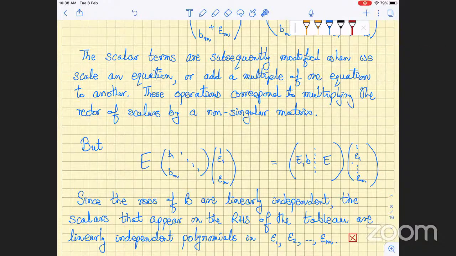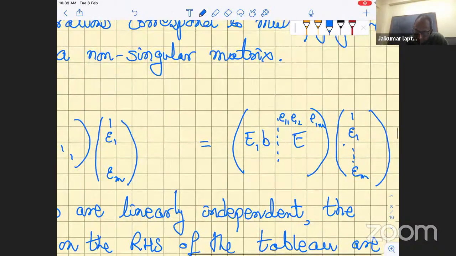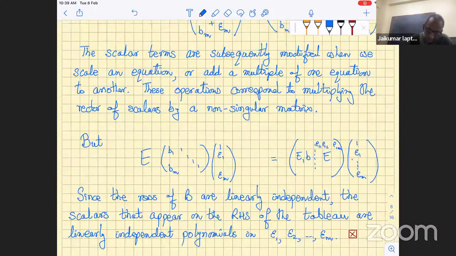Whatever were the values of E here, there was a certain scalar E11, E12, E1M. So the coefficient of epsilon 1 will become E11, the coefficient of epsilon 2 will become E12, and the coefficient of epsilon M will become E1M, and that is in the first scalar after this pivot step.